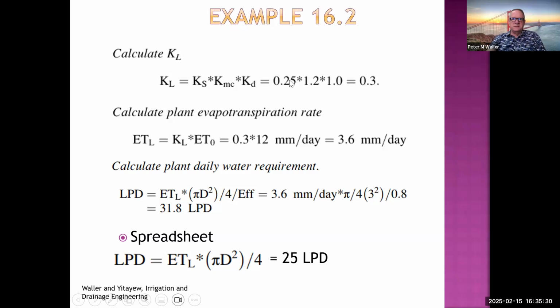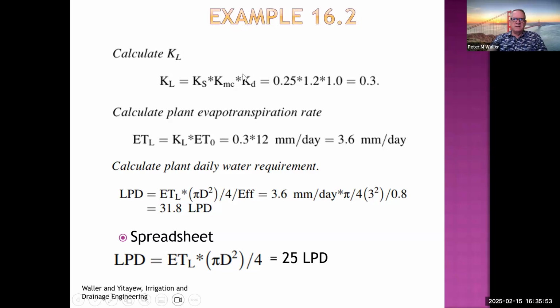The species coefficient here is 0.25. So the overall landscape coefficient is 0.3. If we multiply the landscape coefficient times the reference ET, then we have 3.6 millimeters per day. That would be like the equivalent vertical transpiration of water of 3.6 millimeters depth per day.